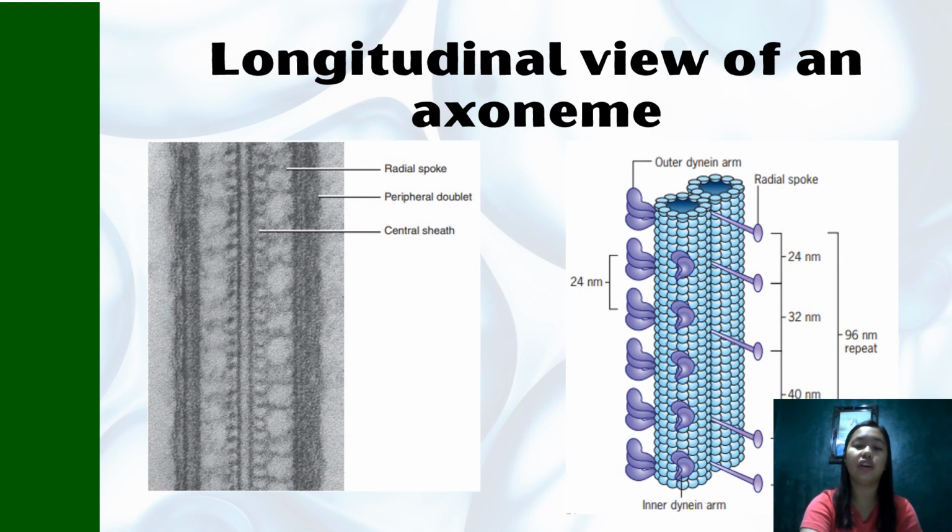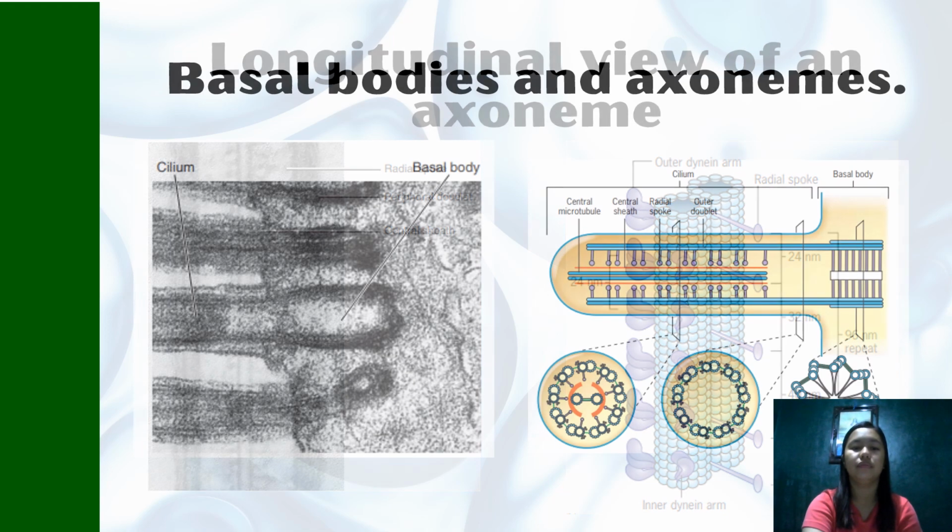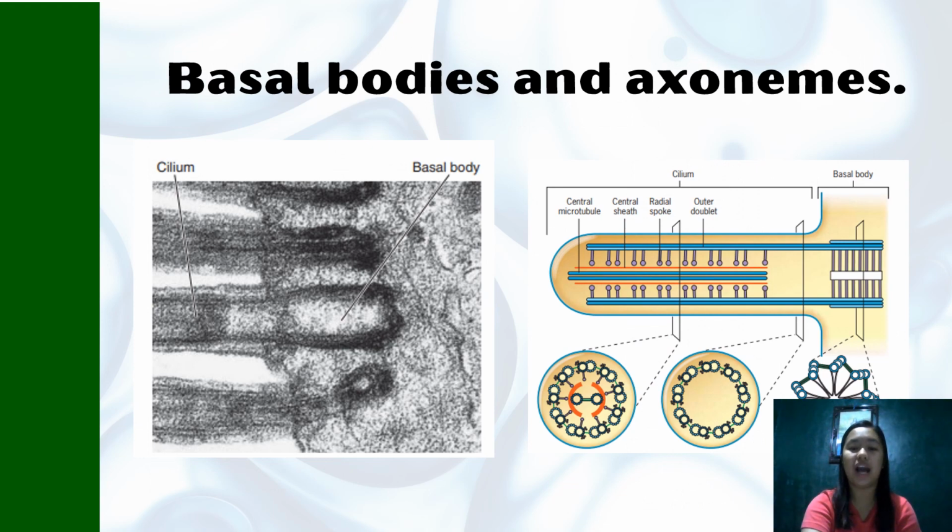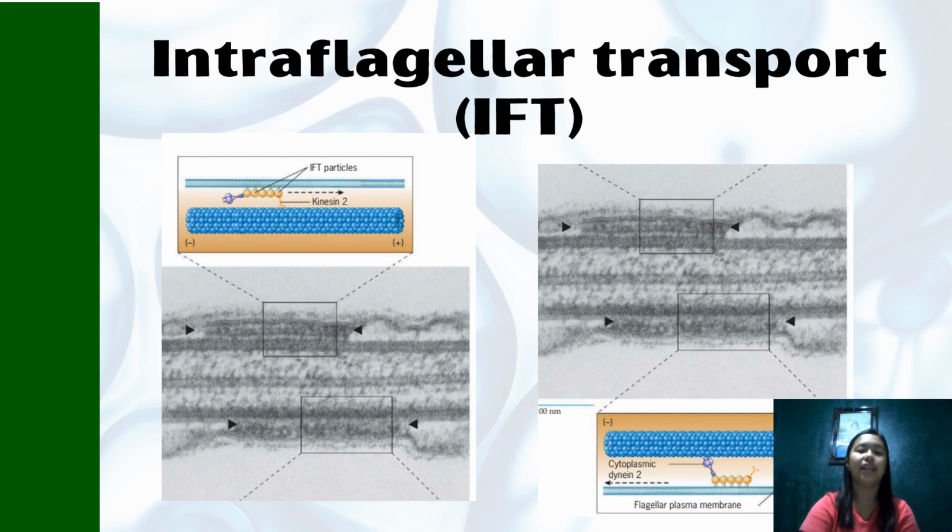Ito naman ang longitudinal view of axoneme. Ang basal bodies and axonemes. At ang intraflagellar transport or IFT na merong two rows of protein particles, na nag-i-indicate ng arrowheads, position between the outer doublet microtubules and the flagellar plasma membrane.